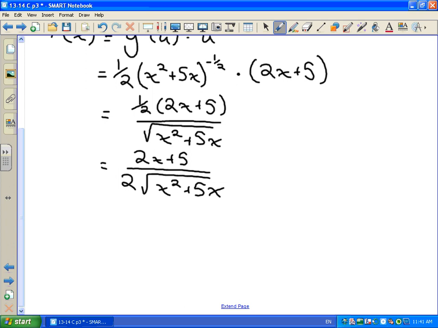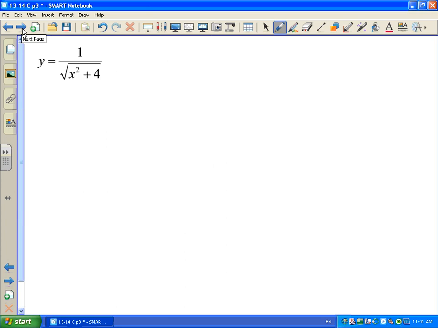Fair enough? Good? Okay. Let's try another one here. Very similar. This time we'll do it using a little bit of a shortcut here, so you don't have to write out g at u and all that stuff. So we've got y equals 1 over square root of x squared plus 4. How can we clean this up a little bit so it's easier to work with the derivatives?